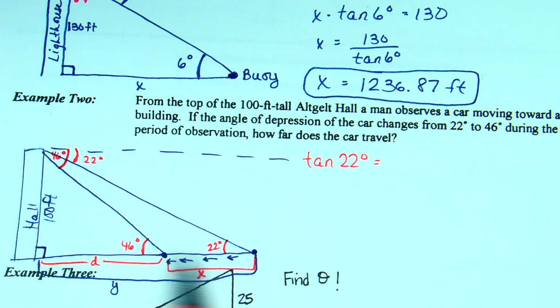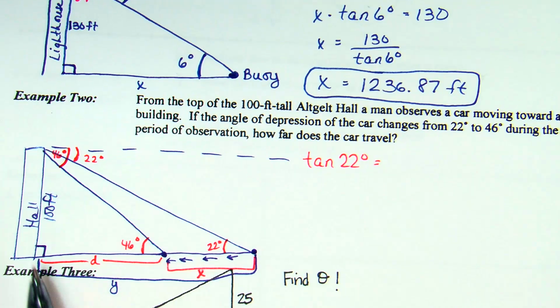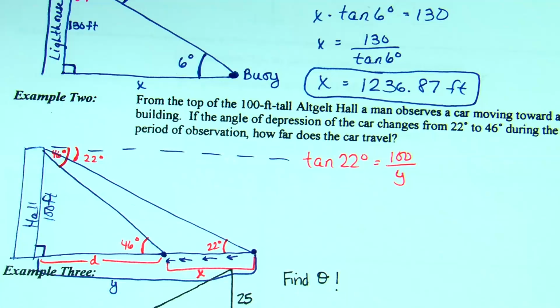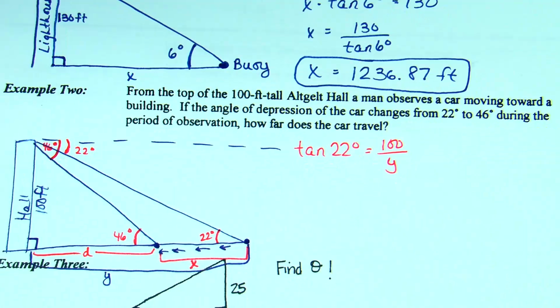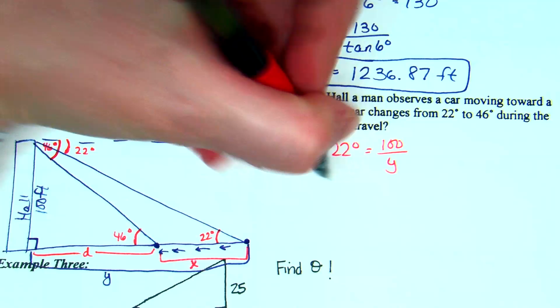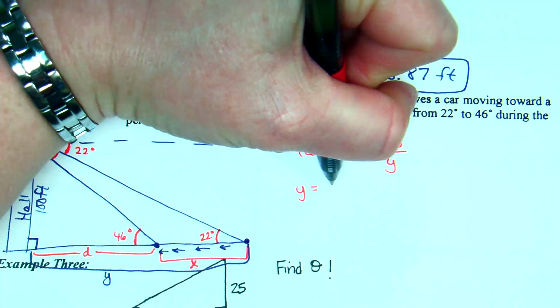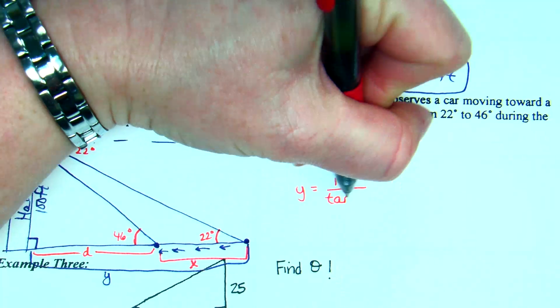Opposite over adjacent. So we're going to have 100 over Y. So if that's the case, multiply by Y, and then divide by tangent. So Y becomes 100 divided by tangent of 22 degrees.